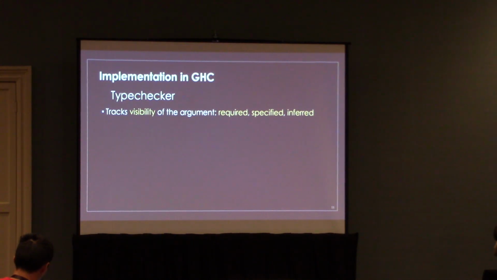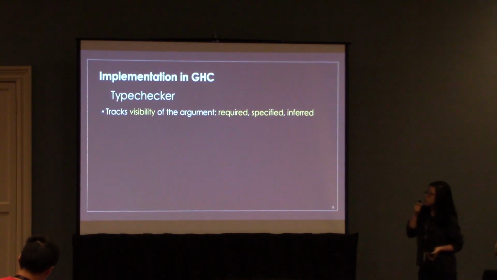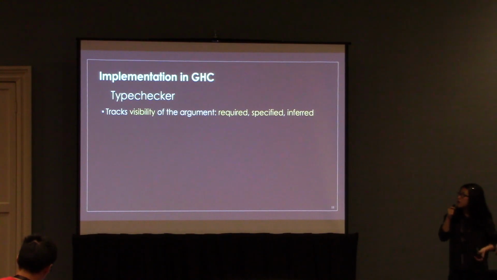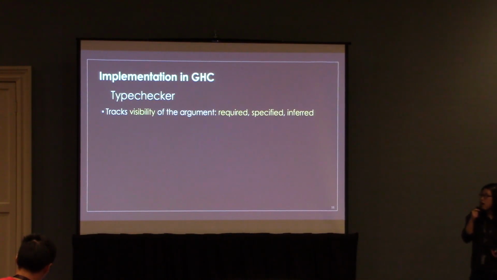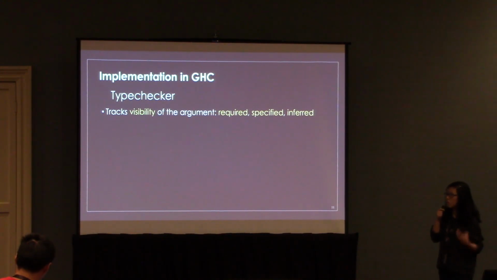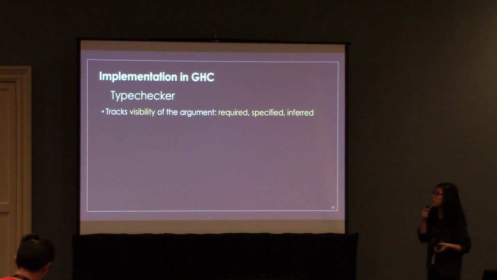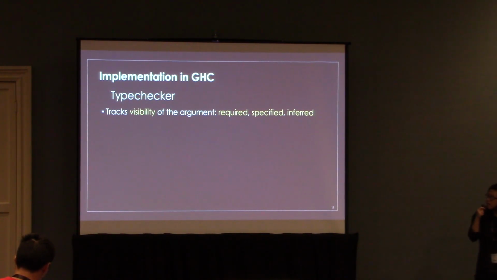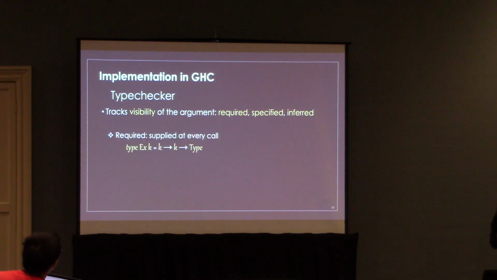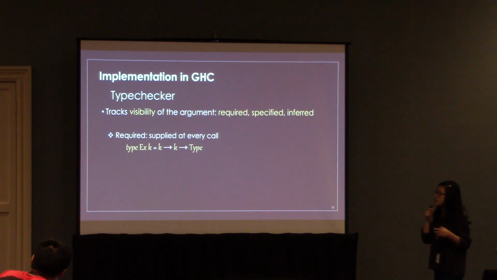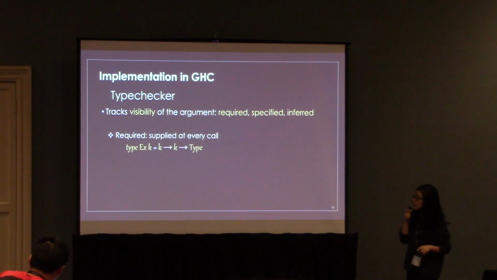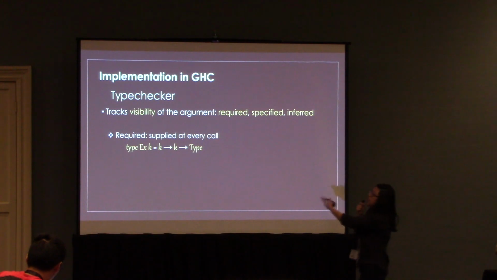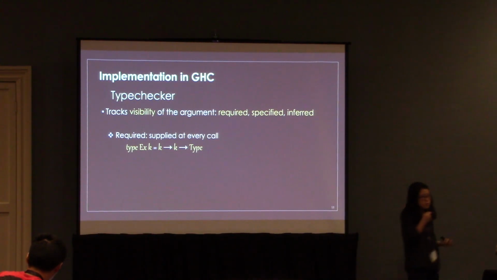the main part of my work was in the type checker, trying to implement this. The thing about the type checker is it tracks the visibility of arguments, of the kind arguments, whether it's required, specified, or inferred. So what do these mean? A required argument is one that is required to be supplied at every call site. So like the K in here, you can't just say X without the K. You need it there.